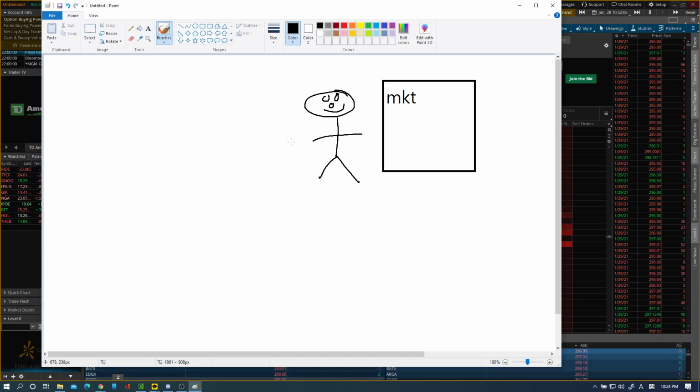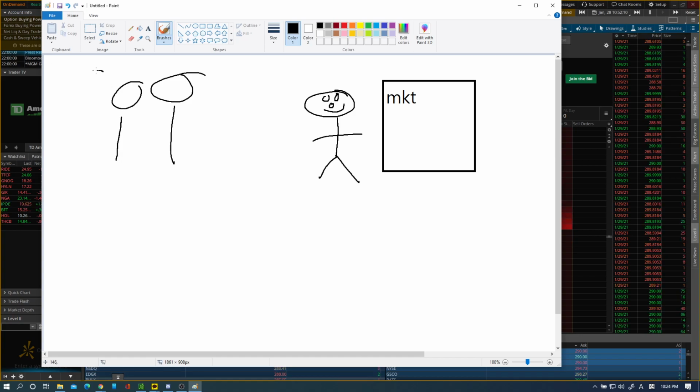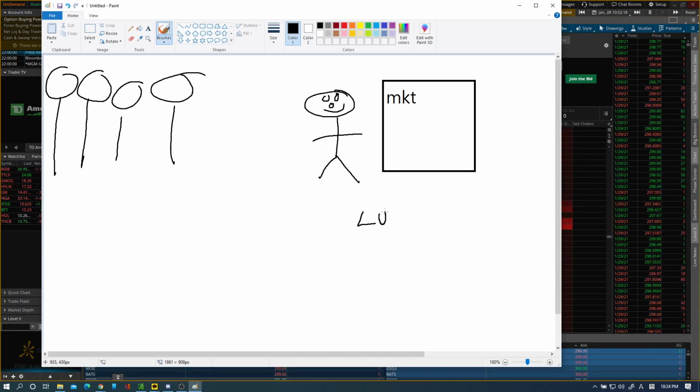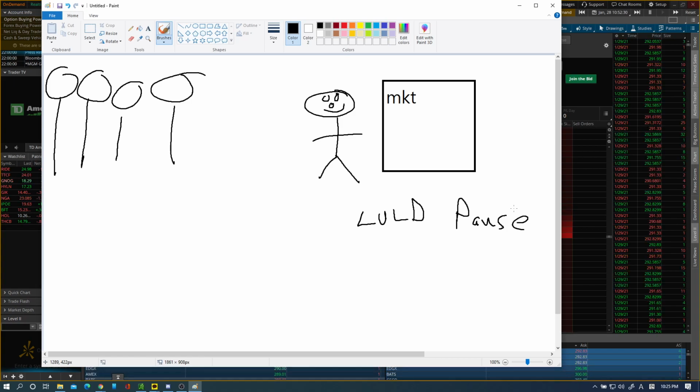And then here's all these people in line to sell. And then they have one of those LULD, level up, level down, pauses, which can happen if the stock price jumps too much, or if the difference between the bid and the ask moves too much, or something. Maybe options too, I'm not sure.